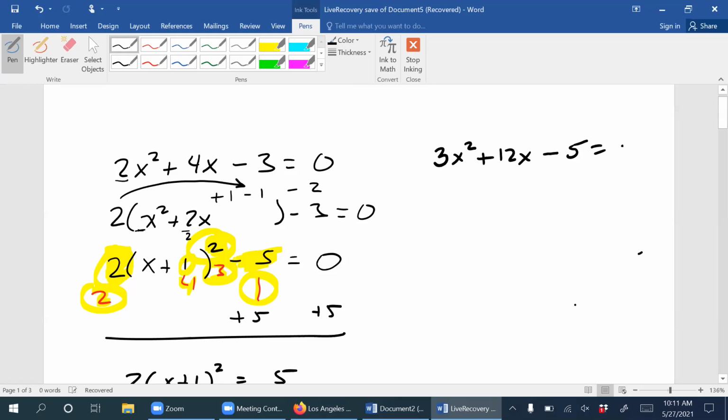Doesn't really matter. Okay, so what number do we want to get rid of first? Let's get rid of the 3. We're left with x squared plus 4x minus 5 is equal to 0.